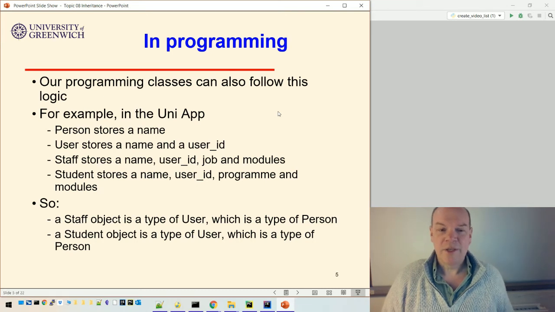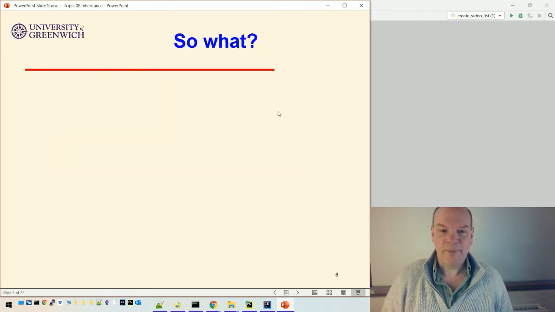Same with students. A student object is a type of user, which is a type of person. So you can see that we've got this sense of things that are subclasses of the big class. The big class is person, and then underneath that we have all these subclasses.